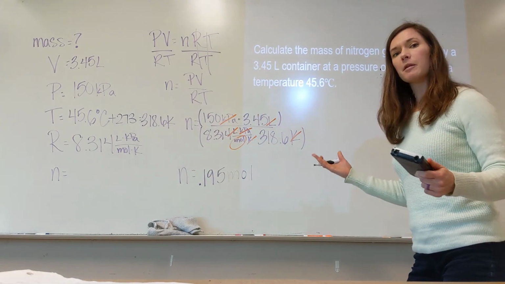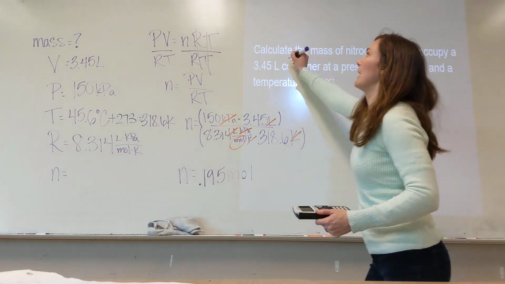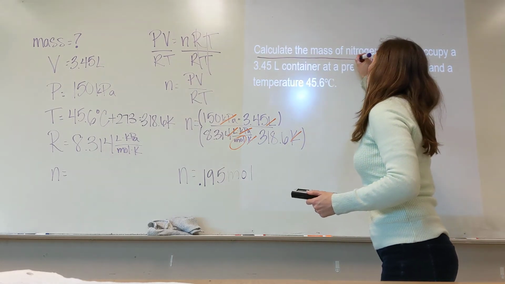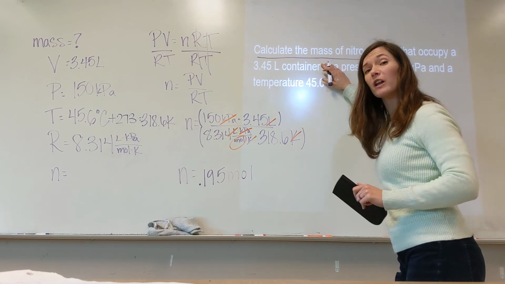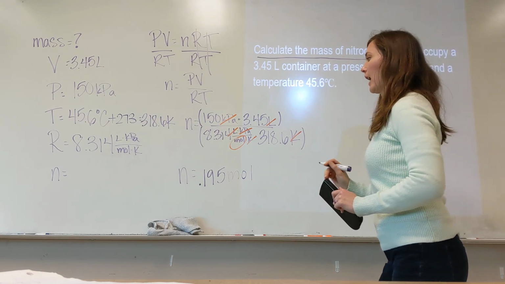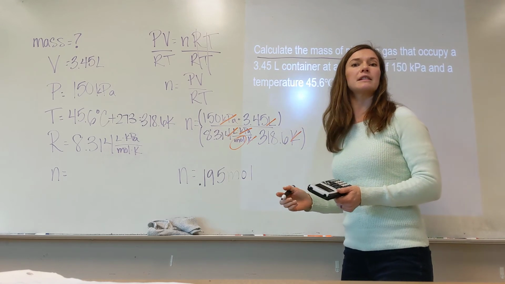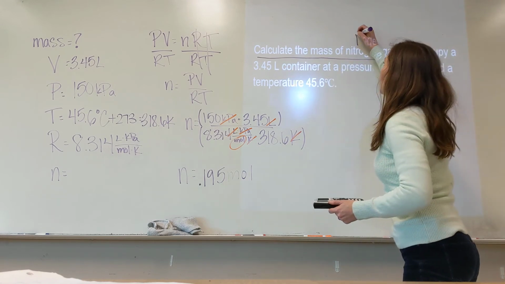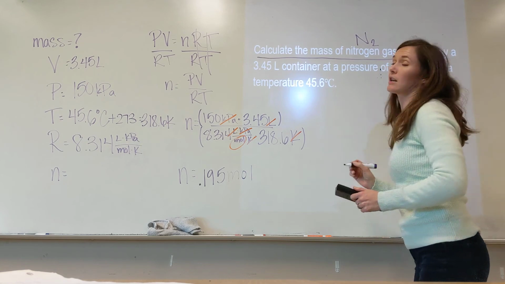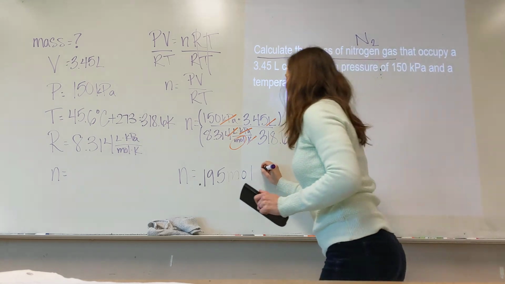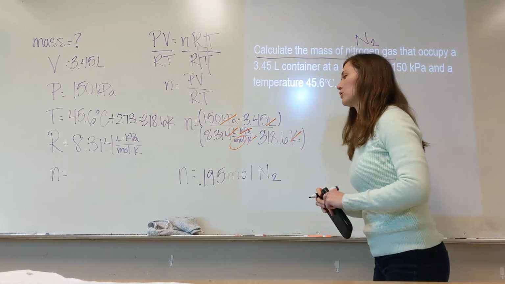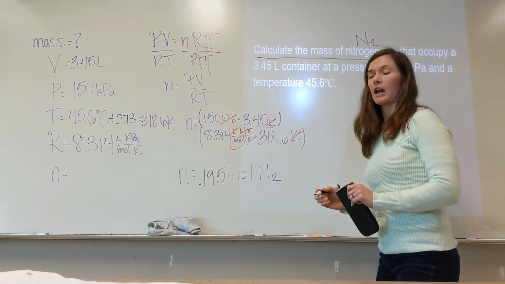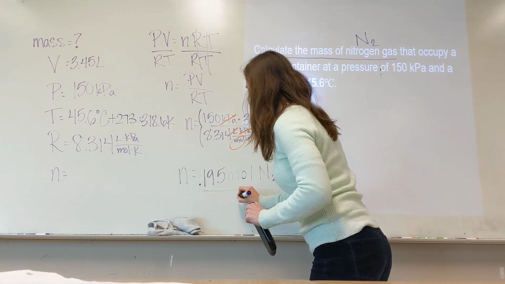But again, back to the beginning of this question. It does not ask me for the number of moles. It asks me for the mass of specifically nitrogen gas. Well, nitrogen gas is one of our diatomics, so it's actually N2. So I have 0.195 moles of N2. I need to convert that to mass. I'm going to put this over 1.